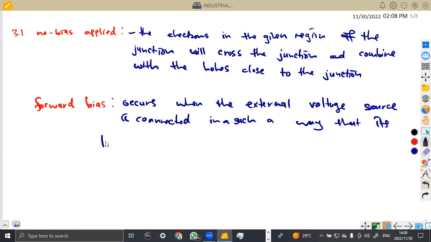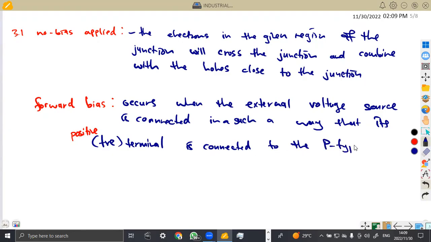its positive terminal is connected to the p-type. It must be connected to the p-type, and definitely the negative on the n-type.